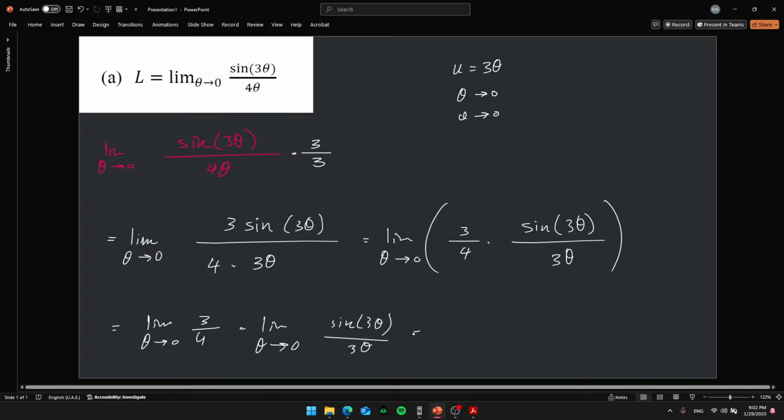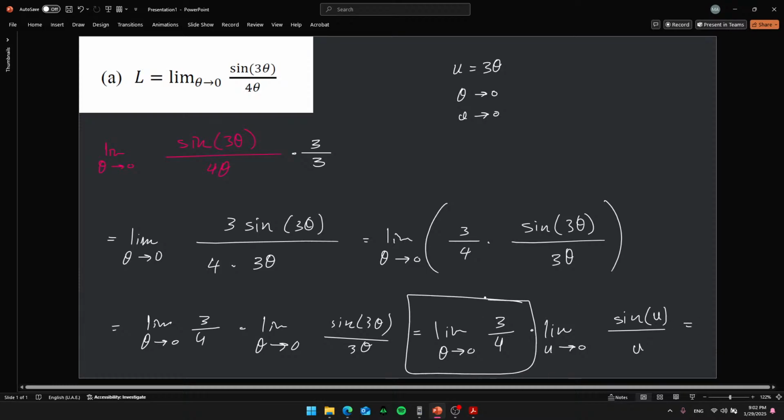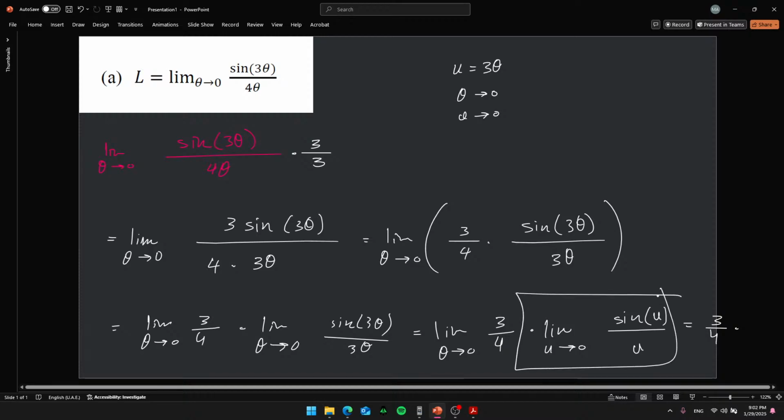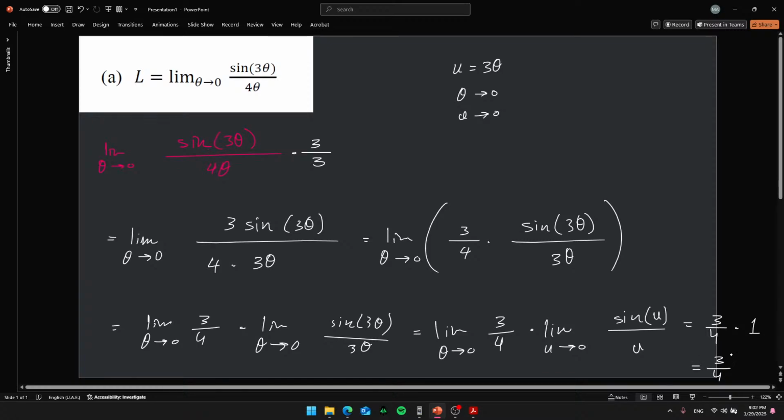So you have to rewrite the limit in terms of u to apply the rule times limit as u approaches 0 of sine u over u. Now you can apply it. So limit as theta approaches 0 of a constant is simply the constant, 3 over 4, times limit as u approaches 0 of sine u over u, which is 1. 3 over 4 times 1 is 3 over 4.